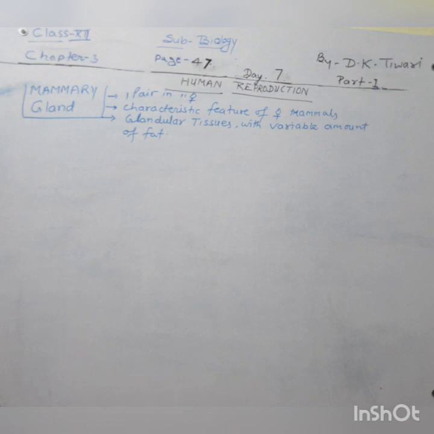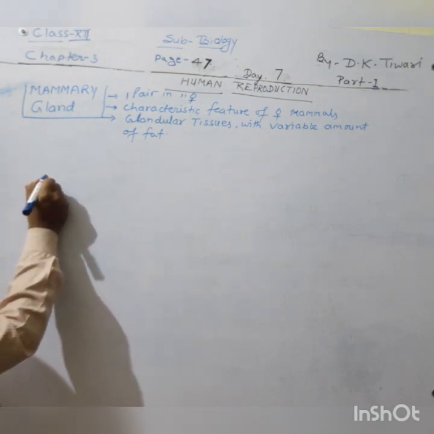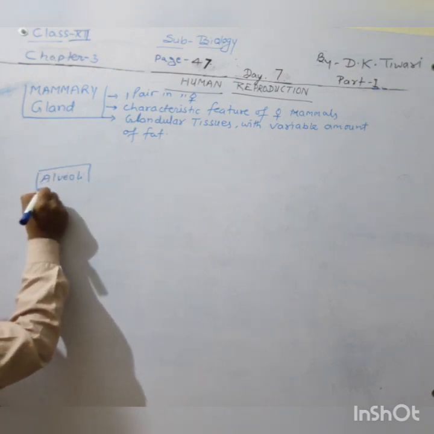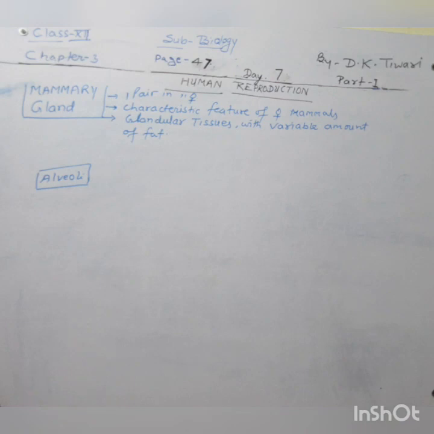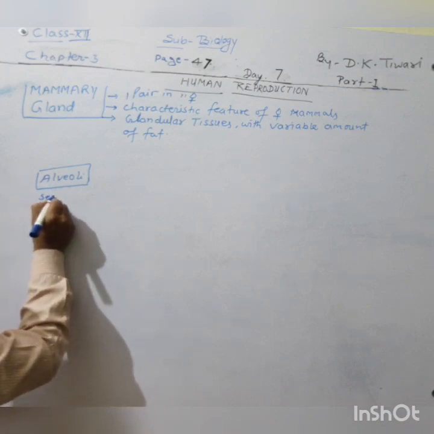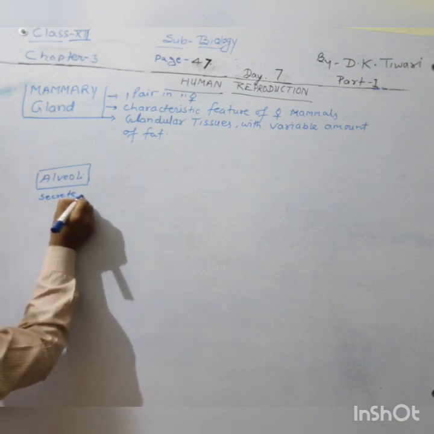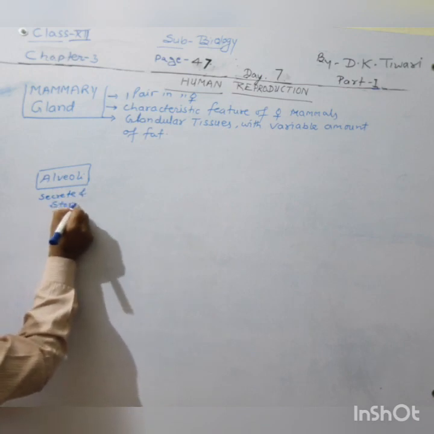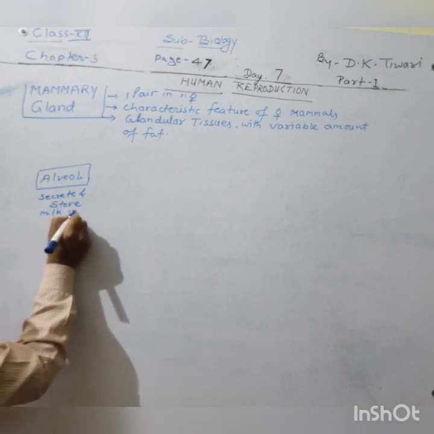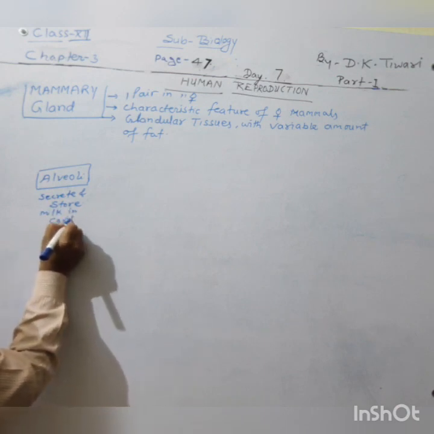Now on the structure, for anatomical view, these have a basic structure that is called alveoli. Alveoli are small spherical body-like structures that secrete as well as store milk in their cavity.